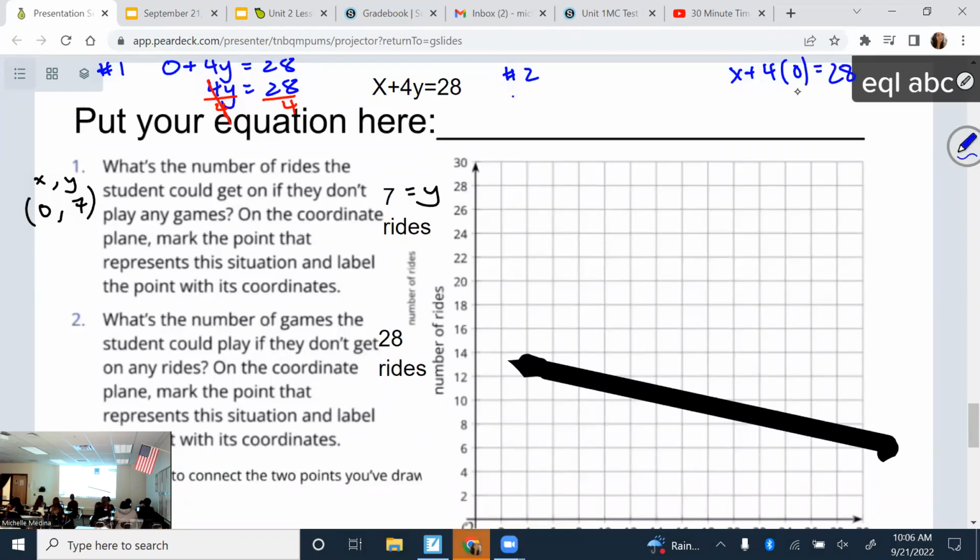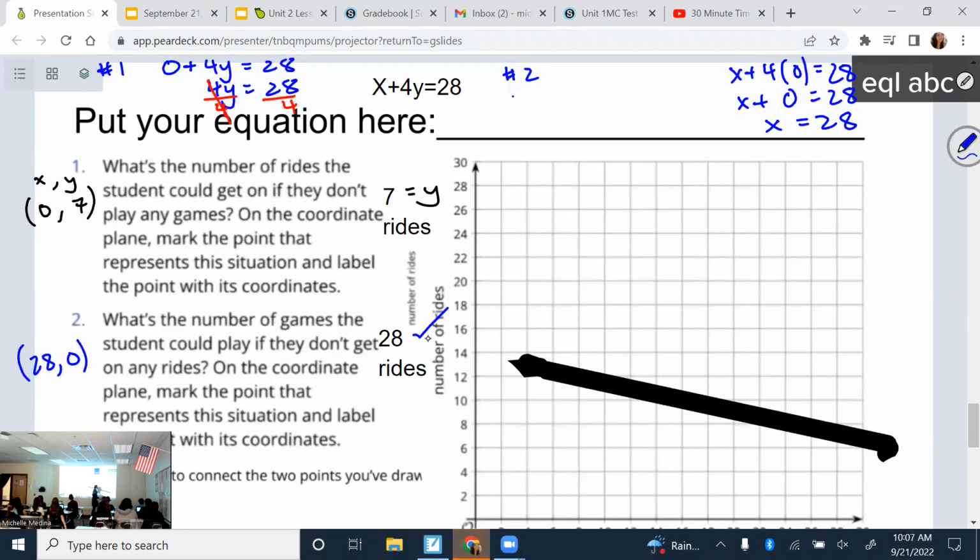What's 4 times 0? So it was x plus 0, x, and then x equals 28. So good job. What would the coordinate look like? 28, 0 is correct.